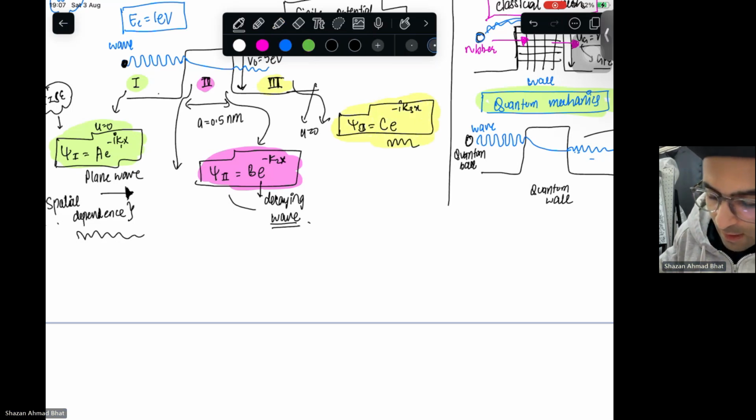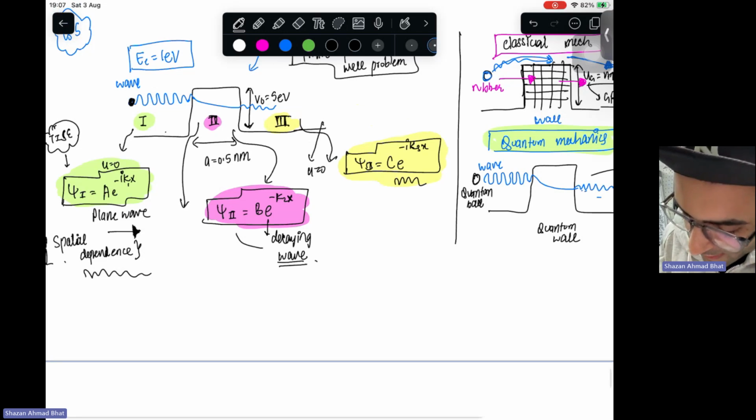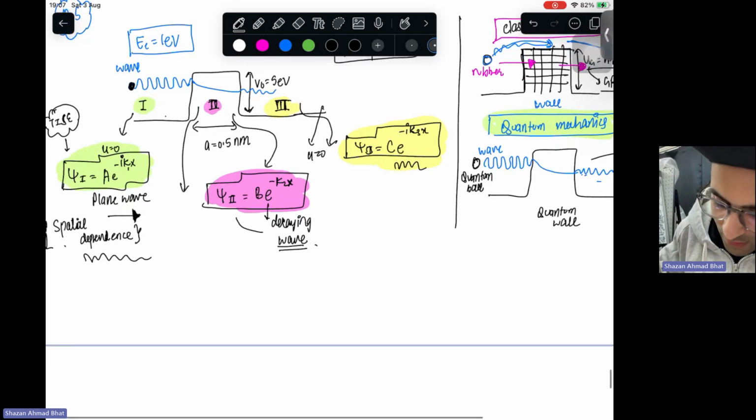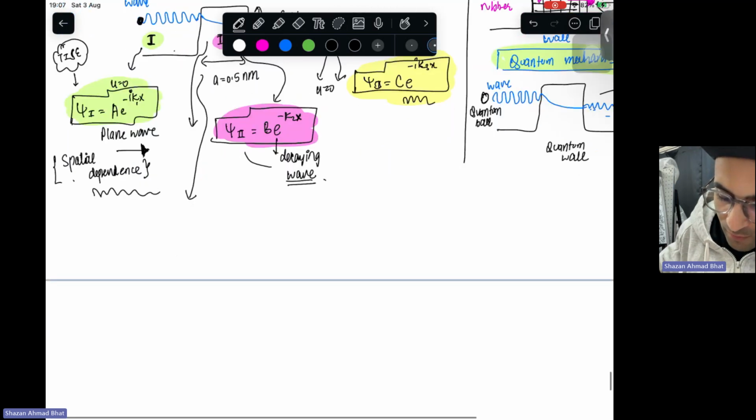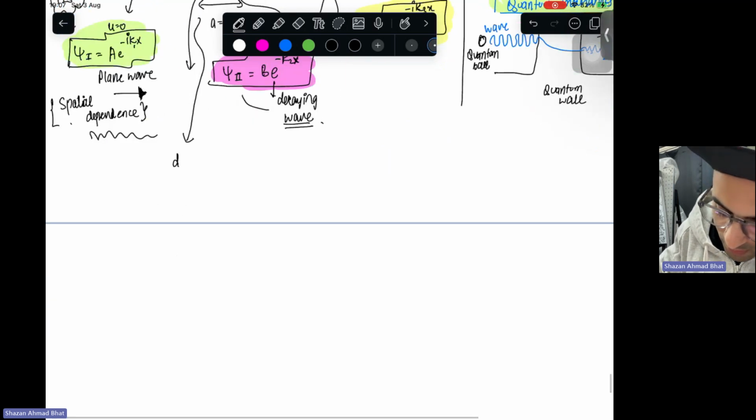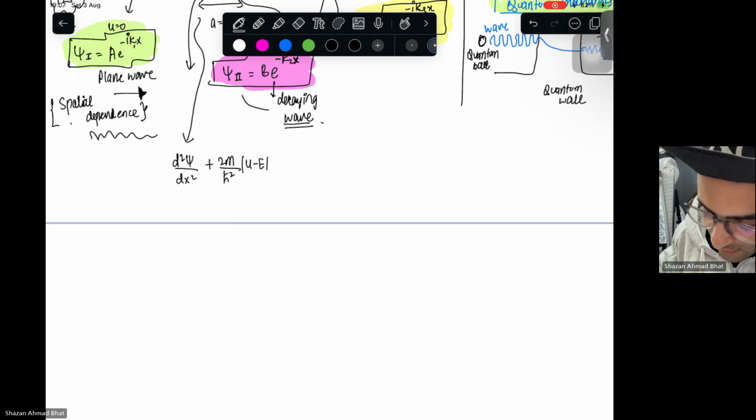Now it's quite easy to show that when you write for region 1 and region 2, it's quite easy to write the Schrodinger equation. Basically, the potential is 0. But for region 2, you can write the Schrodinger equation as d square psi over dx square plus 2m over h bar square (U minus E) psi of x equal to 0.